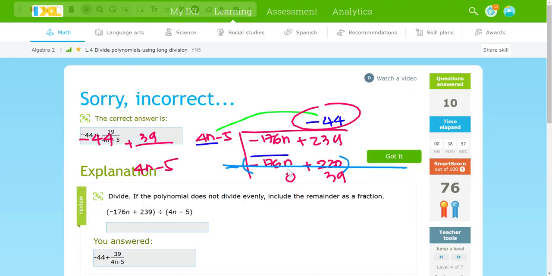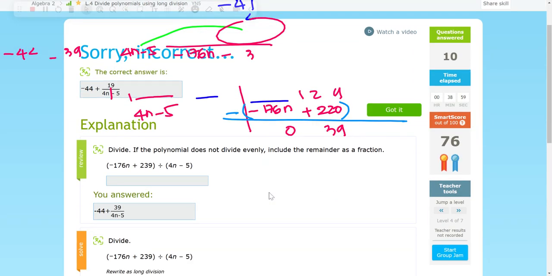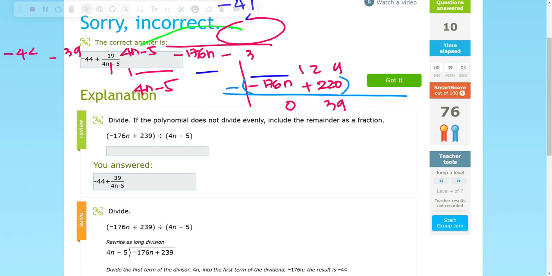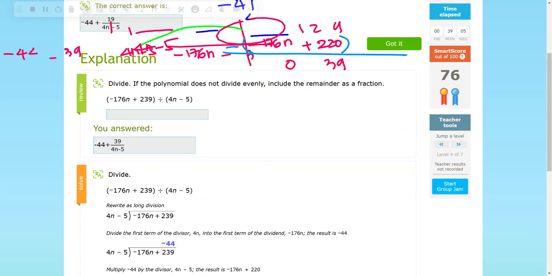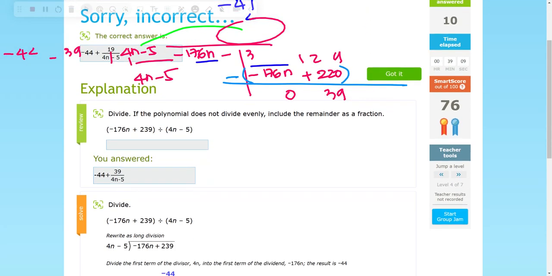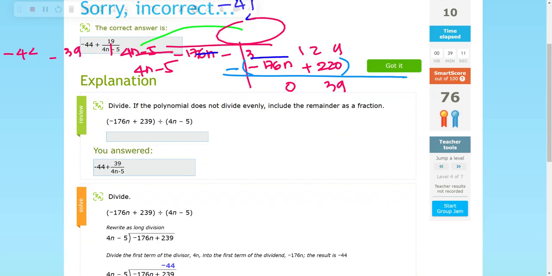Ooh, what happened? Oh, I didn't do it correctly. 239 subtract 220 should be 19, but I put 39. So I learned my error over here.